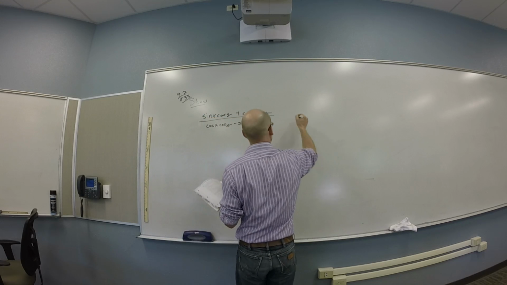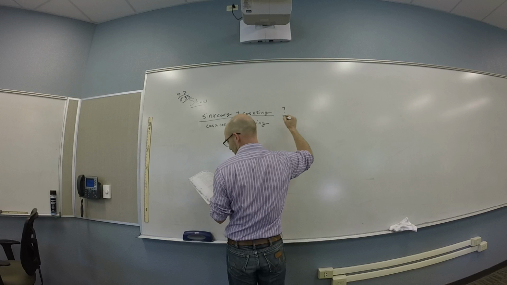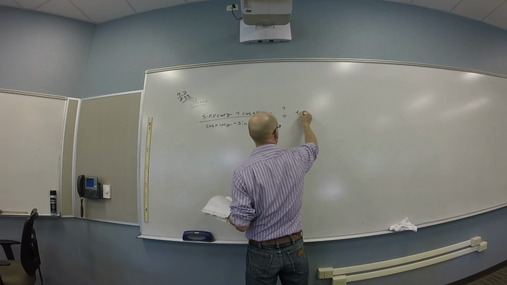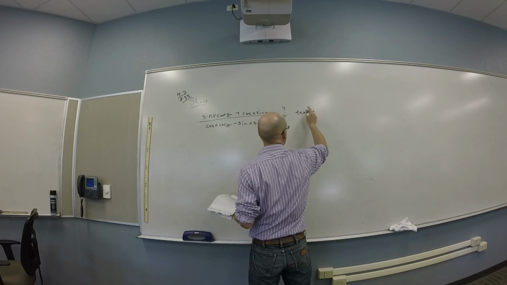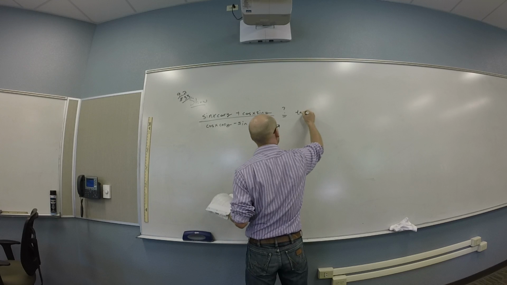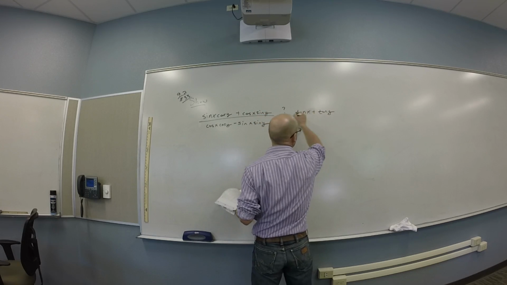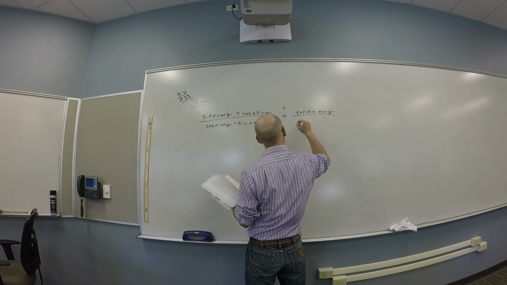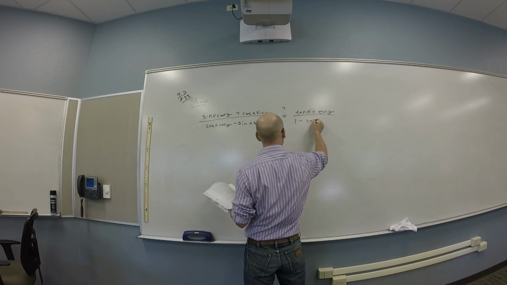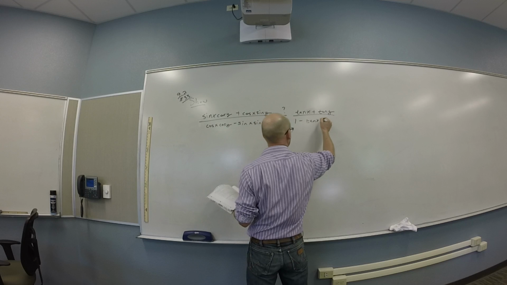And supposedly this is equal to tangent of x plus tangent of y over 1 minus tangent of x tangent of y.